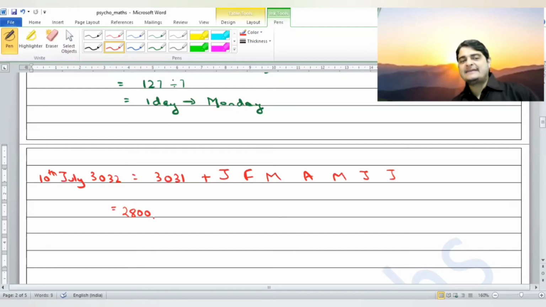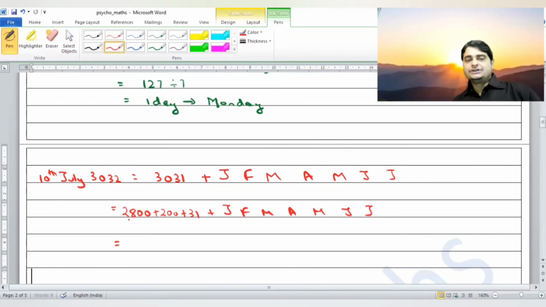So 2800 is a 400 multiple, plus 200 makes 3000, and then 31 years. And let us keep Jan, Feb, March, April, May, June, July as it is. So this will have 0 days. 200 years will have 3 days extra.